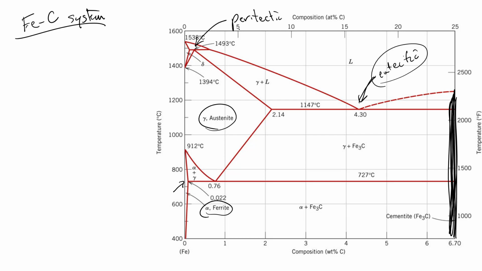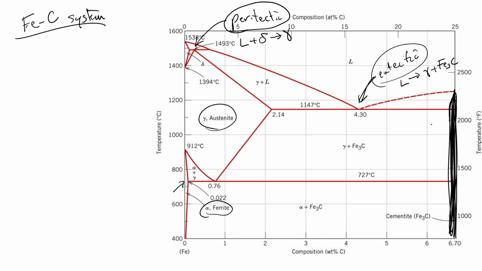Peritectic. Remember, that's where a liquid plus a solid delta goes to a new phase, gamma phase. This eutectic over here was liquid upon cooling goes to gamma plus Fe3C. That's that phase over here on the right, Fe3C.